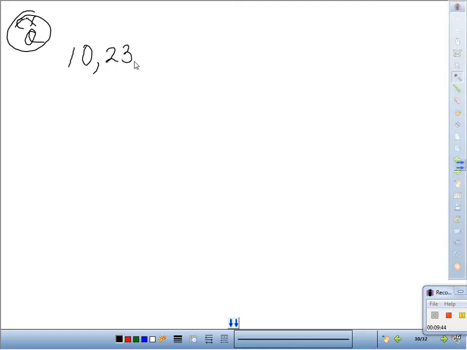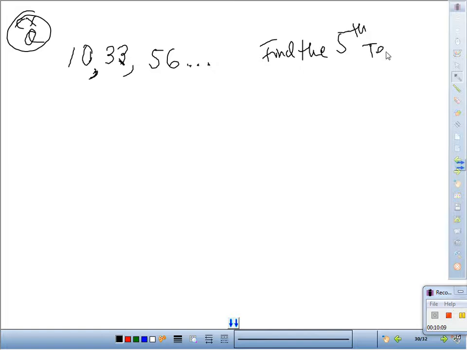So now, let me go over an example. On your paper, copy this down, please. Example Q. Write the sequence down: 10, comma, 33, comma, 56, dot, dot, dot, and then you're going to write find the fifth term.